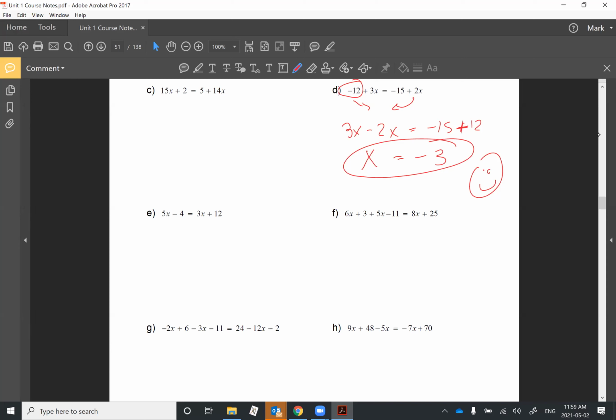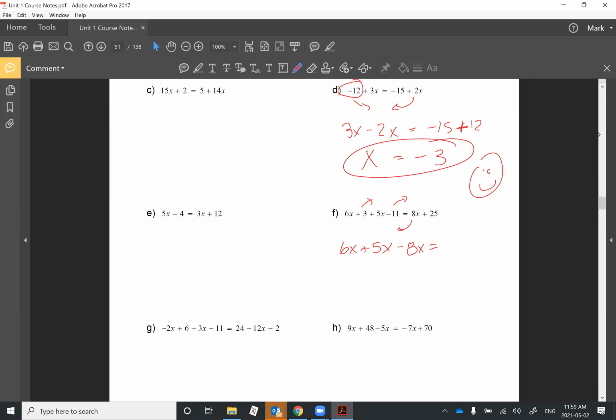All right. So F, I'm going to move the 8 over, and I'm going to move the 3 and the 11 over. Again, guys, the goal here is x on one side, numbers on the other. Variables on the left is what we usually like, and numbers on the other.